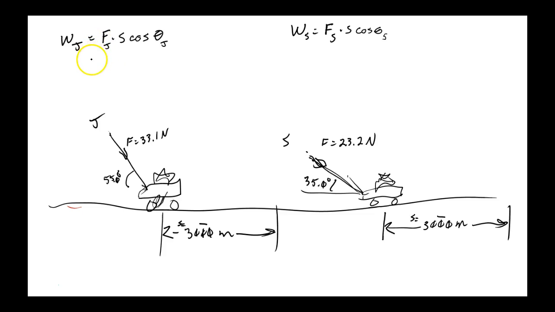What was the force for 1? 33.1 newtons times S, the distance, 3,000 meters, times the cosine of the angle, 55.0 degrees.